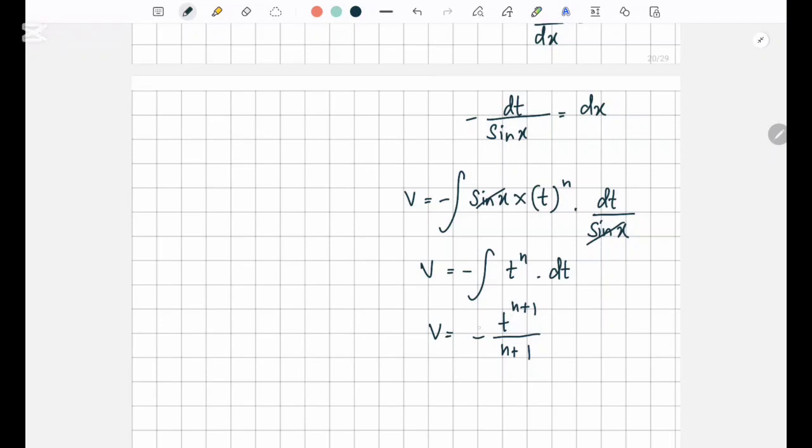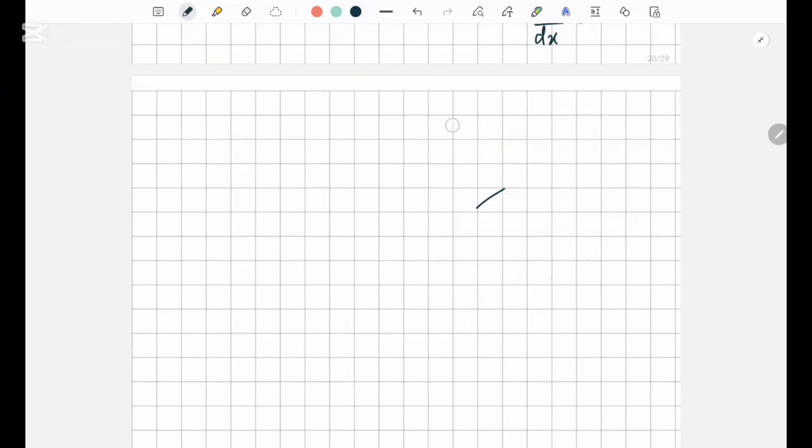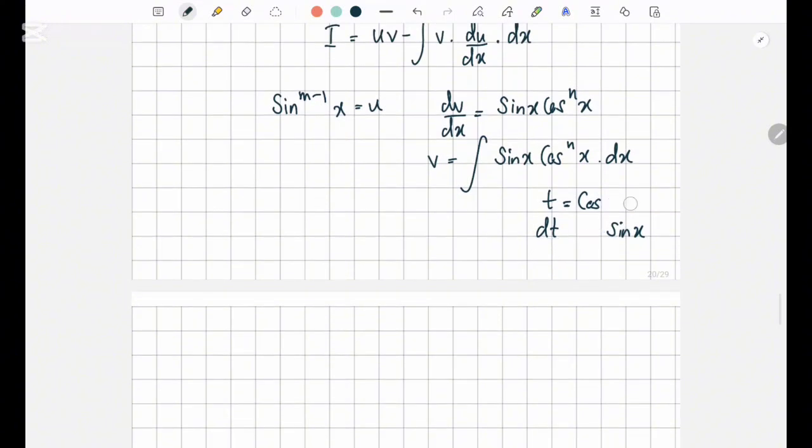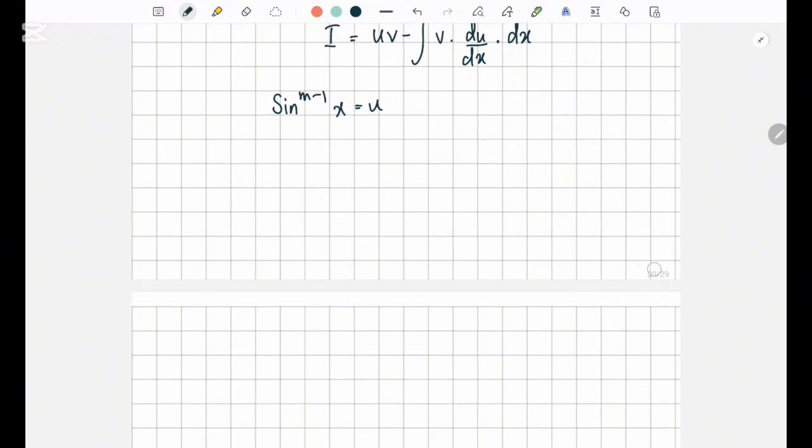Now that's v. Now I'm going to erase all this because it takes too much space. So v equals negative t to the power n plus 1 over n plus 1. But we took the substitution as t equals cos x, right? So this is going to be cos x to the power n plus 1.